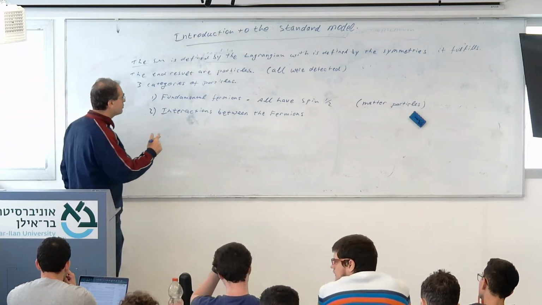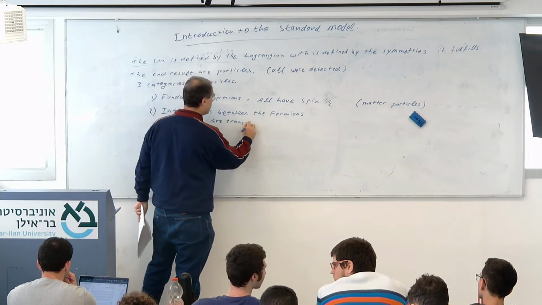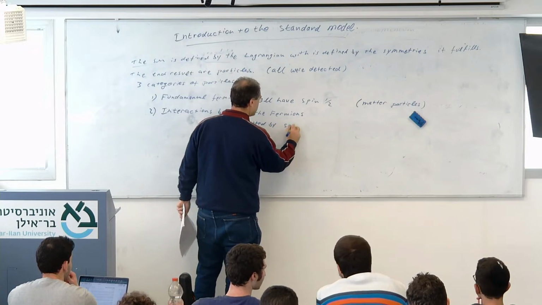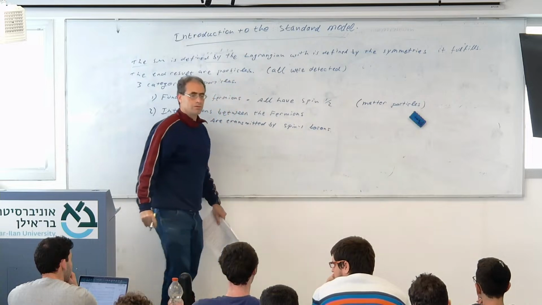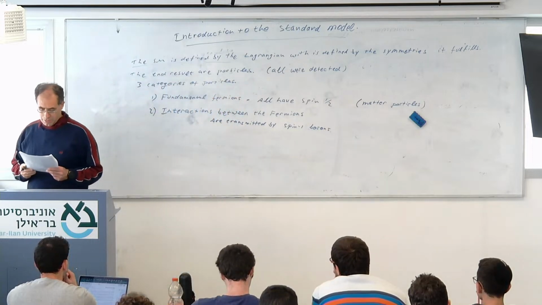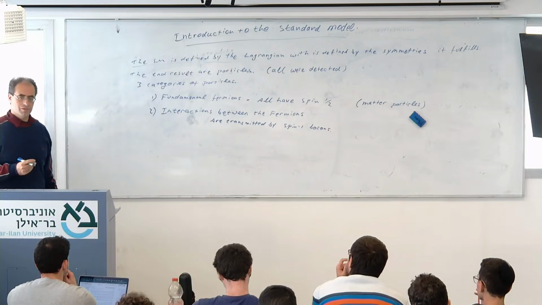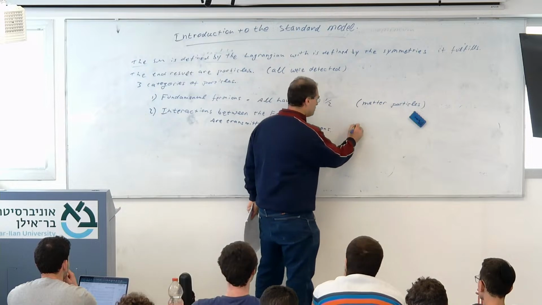These are also known as vector bosons or gauge bosons, for reasons which will become clear down the line.